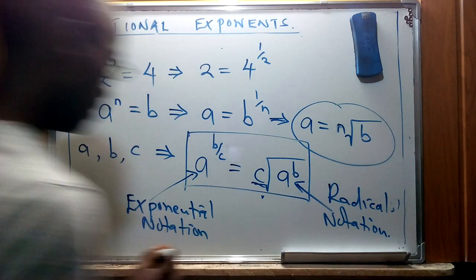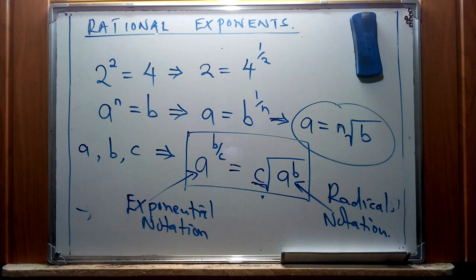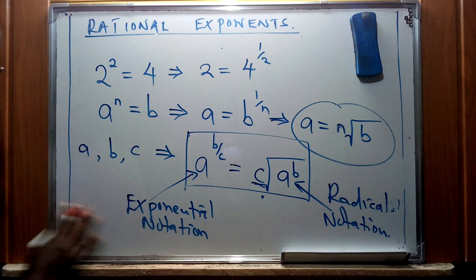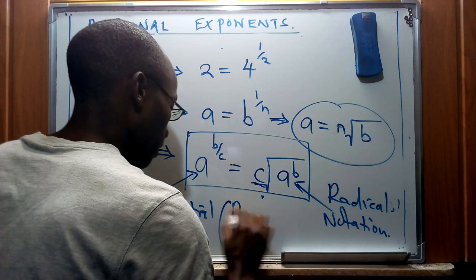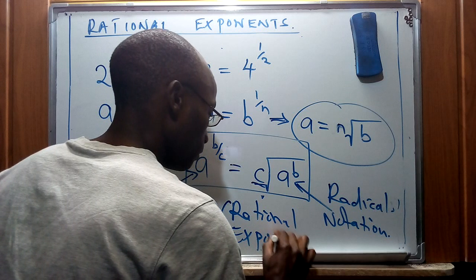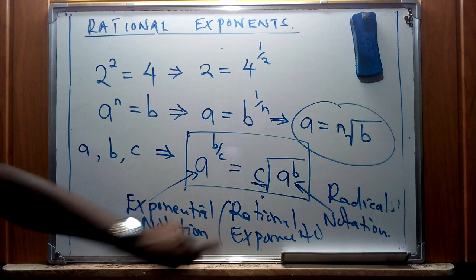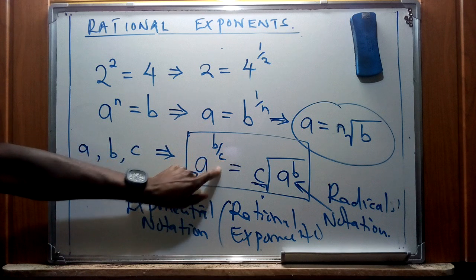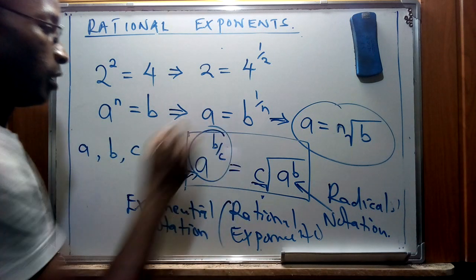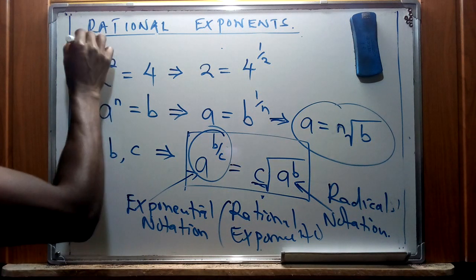The first part, as we can see, is a raised to this particular rational number, so we refer to that as a rational exponent. This exponential notation is representing a rational exponent. This is what we achieve by representing this particular notation in this format, which is referred to as a rational exponent.